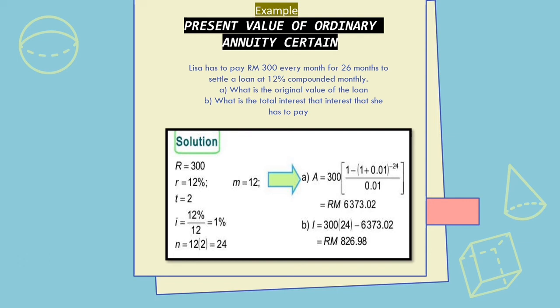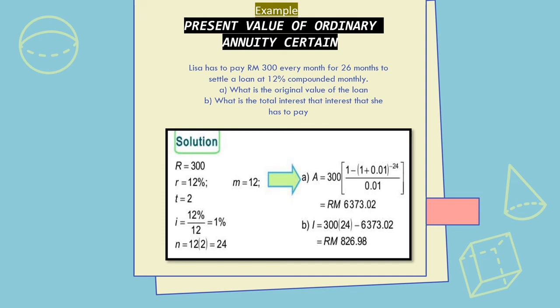So next we get into the second question. They want the total interest that she has to pay. The formula used here is interest equals R multiplied by n, then minus the present value that we got before in the first question.